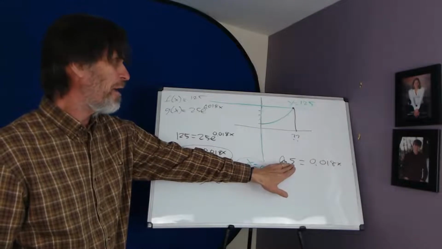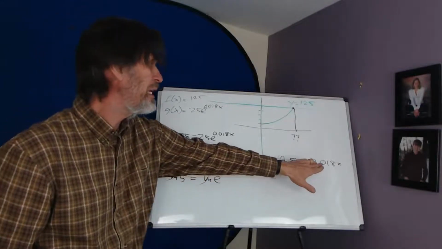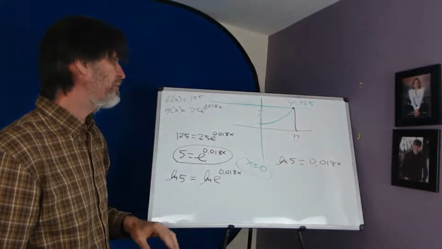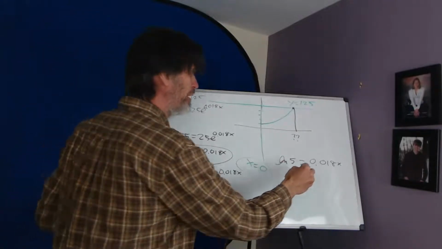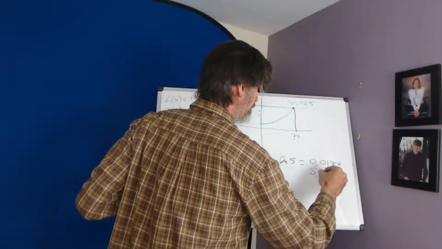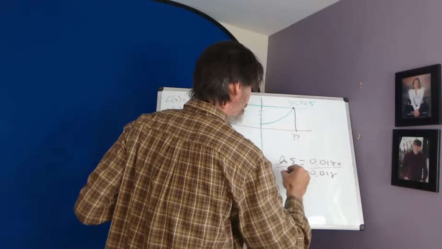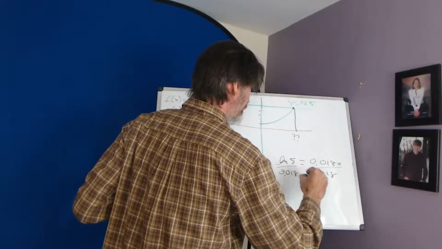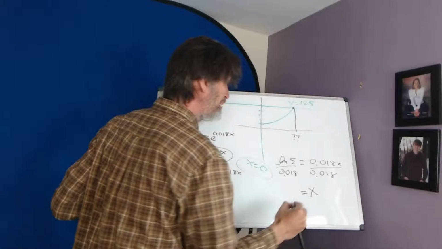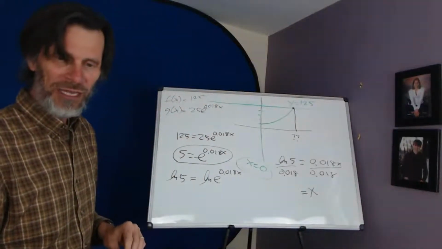Natural log asks what power, so this is asking e to what power is equal to 5. Grab out the calculator, divide by this, and tell me what x is. Let's round to the nearest tenth. I don't think that comes out even.